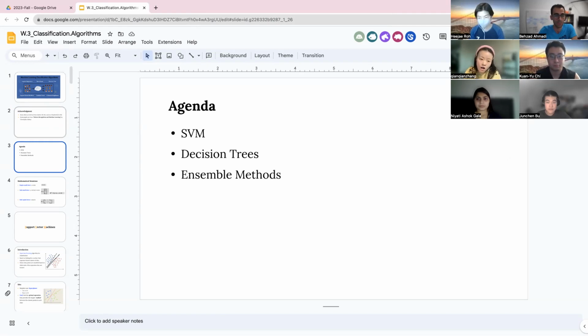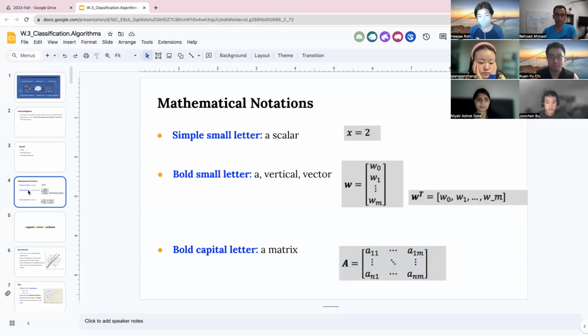We're going to talk about support vector machines or SVMs, decision trees, and ensemble methods. For ensemble methods, we build on top of decision trees, but ensemble methods are more general than decision trees. And just a reminder that for notation, we are using small letters for scalars and vectors, and we are going to use bold capital letters for matrices.